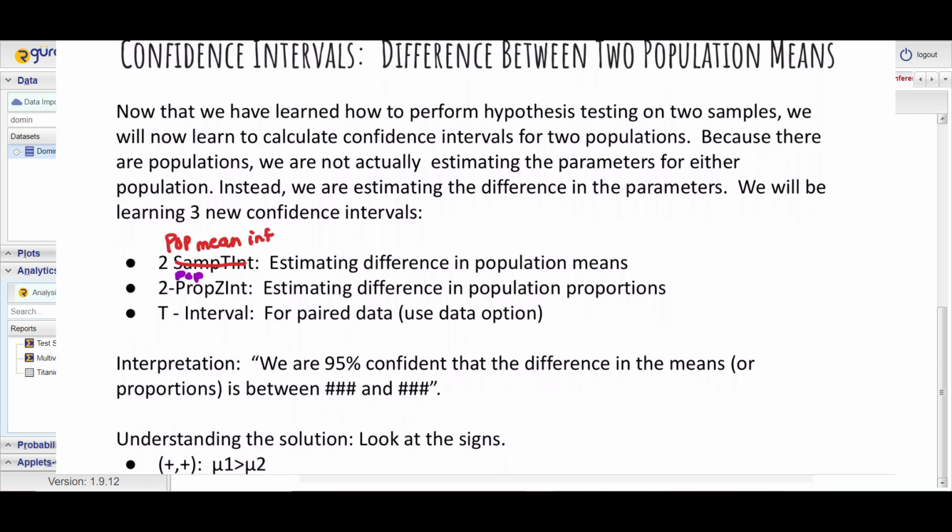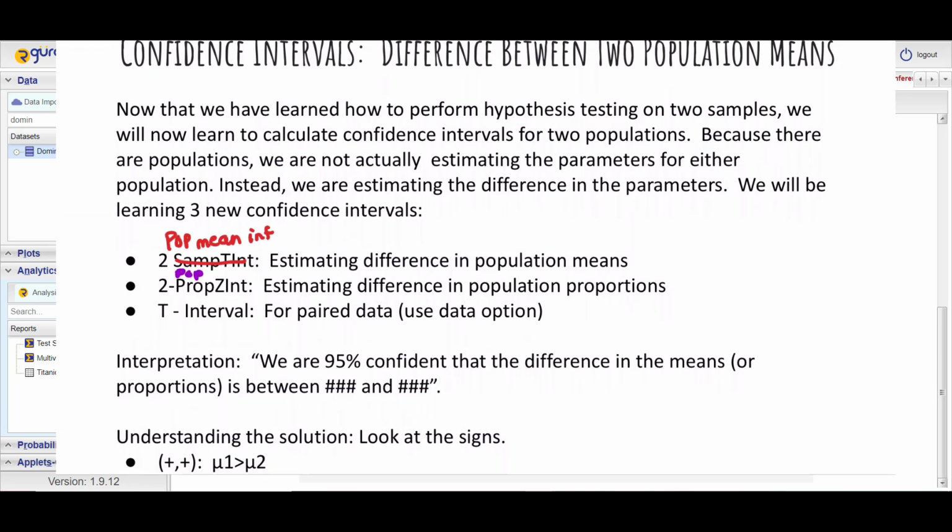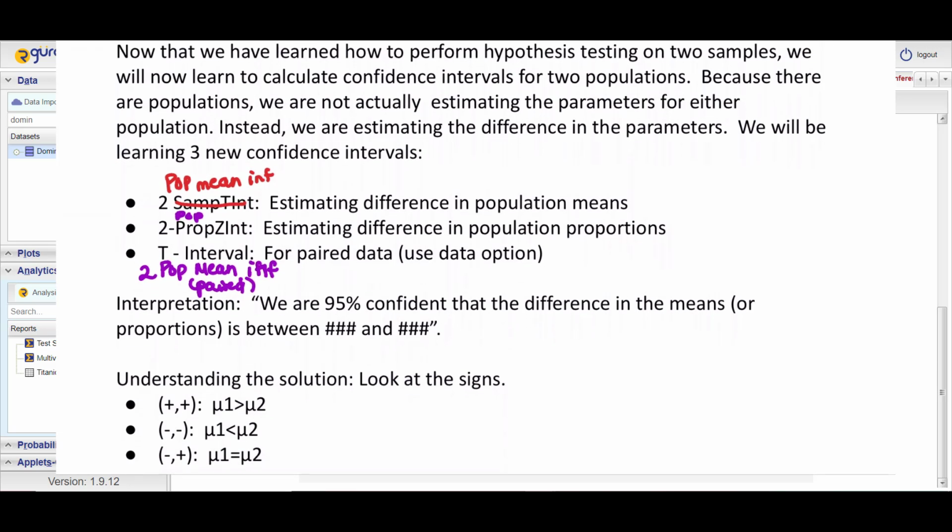And if you're doing a 2 population mean inference and the data is paired, you are estimating the mean difference of that paired data.